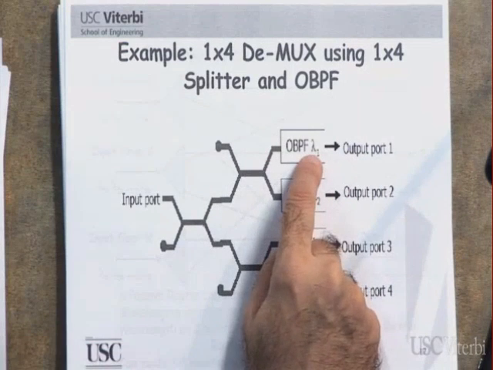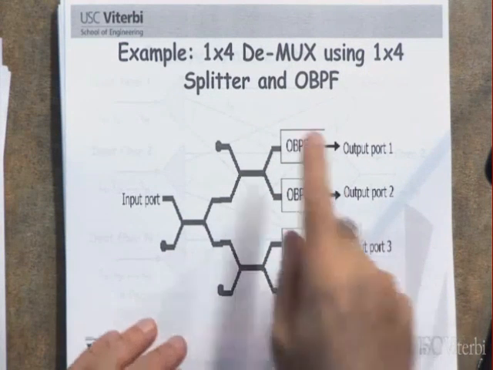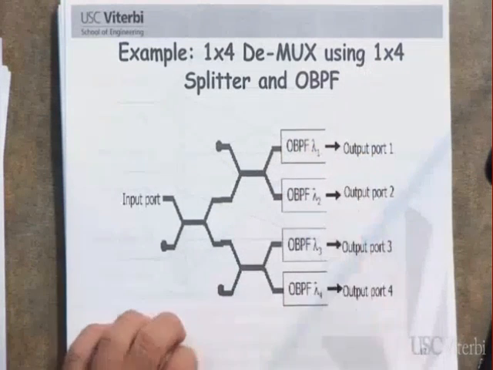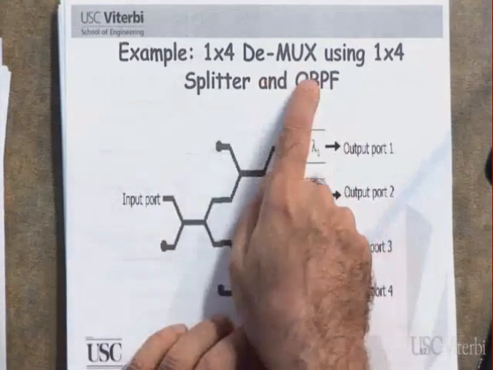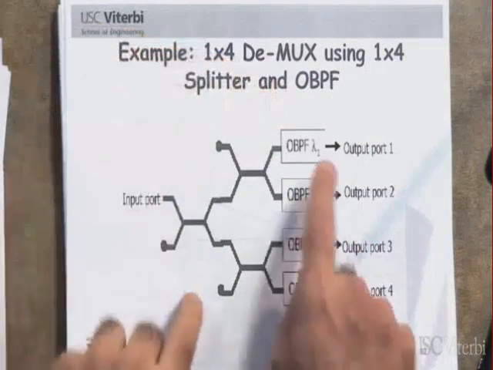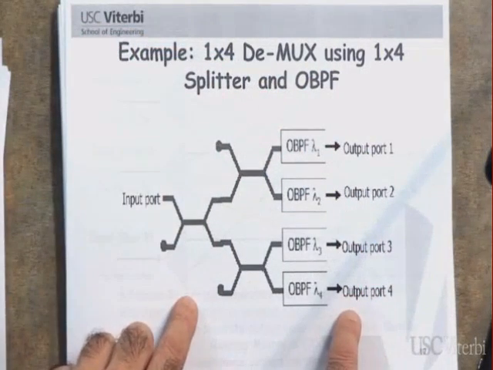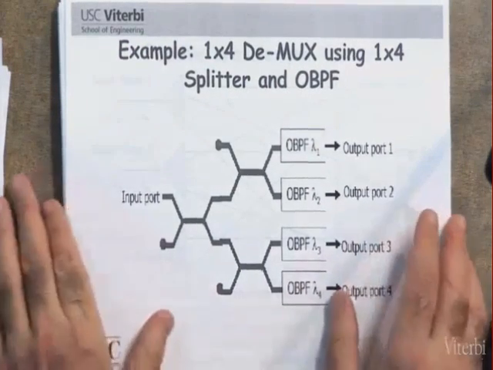Because a filter is a device that will select a certain frequency. Clear? This one will select lambda 1, this one will select lambda 2, and so on. So what am I building here? A demux. Remember, from one input, how many outputs am I generating? I'm generating 4 outputs. Clear? Okay, good.